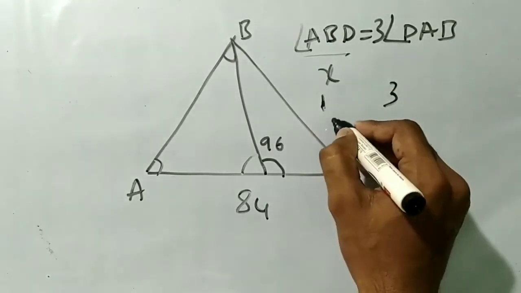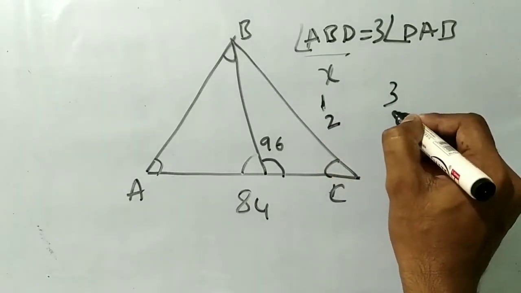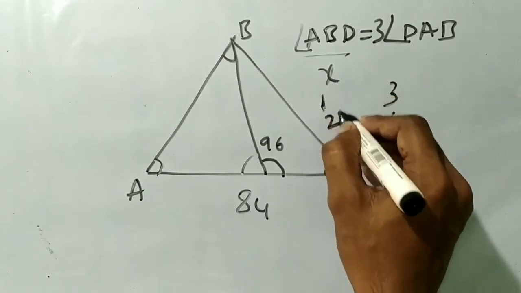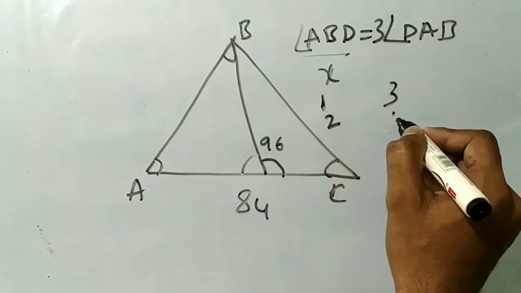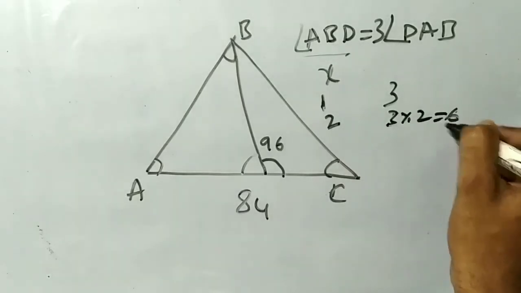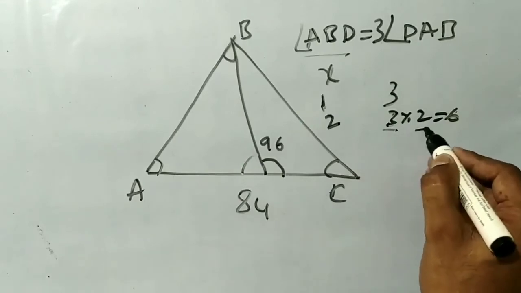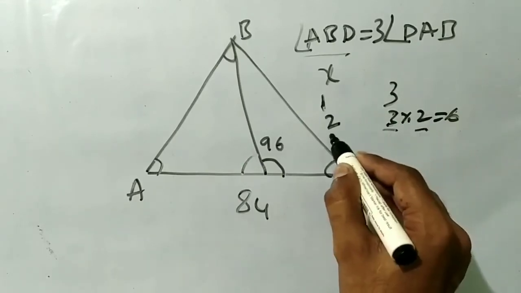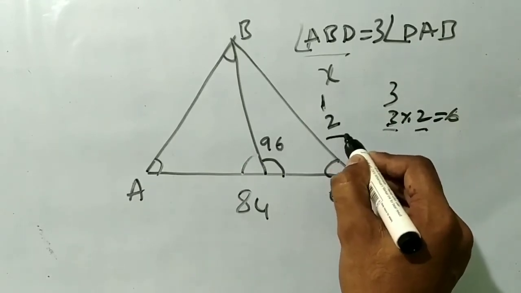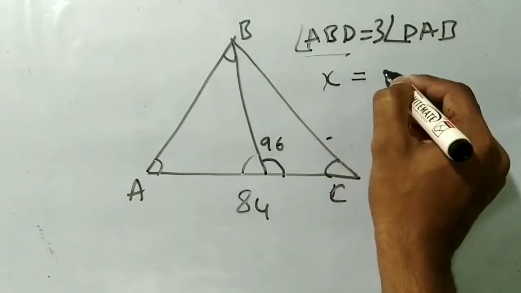If the 5-star is 2 rupees, then the Dairy Milk should be 3 times 2, that is 3 into 2 is equal to 6 rupees. That is, 3 should be multiplied with the cost of a 5-star chocolate. So this is X, this should be 3X.